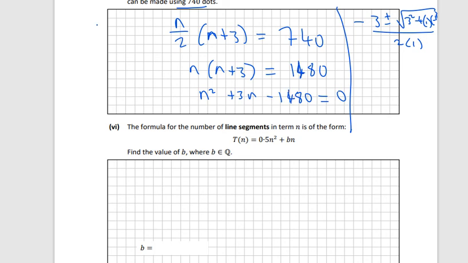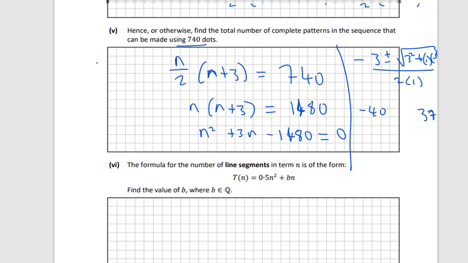Should be 1480. You might have spotted that yourself. So when you put in the minus b formula anyway, you get minus 40 as 1 answer, and then you go back and you put it in with a plus, and you get 37. Now, because it's the number of complete patterns in a sequence, the minus 40 doesn't make sense, so it's going to be 37 is the answer.